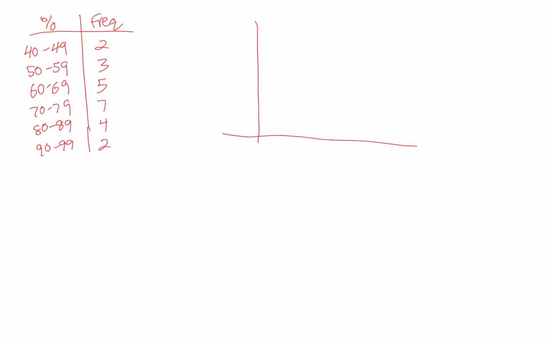So our histogram graph in this case, we'd say 40 to 50, and we have 2 people. So we just draw it as a bar graph between 40 and 50. Then from 50 to 60, we have 3 people. From 60 to 70, we got 5 people.